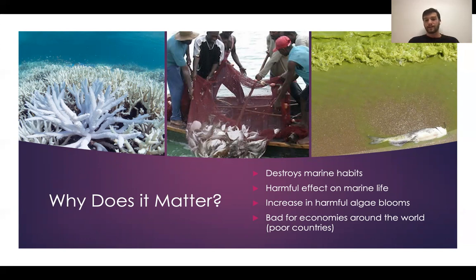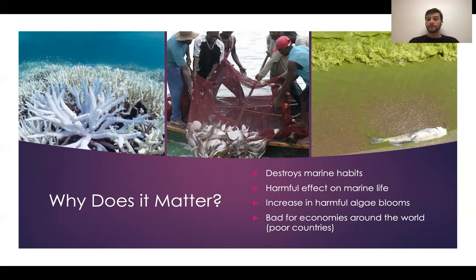And I mentioned earlier in the middle picture that the fishermen aren't able to catch as many fish. This also goes for clams. It's harder for them to reproduce and grow. Lobsters, oysters, many marine creatures that people depend on for food. It's harder for them to thrive in this type of environment.